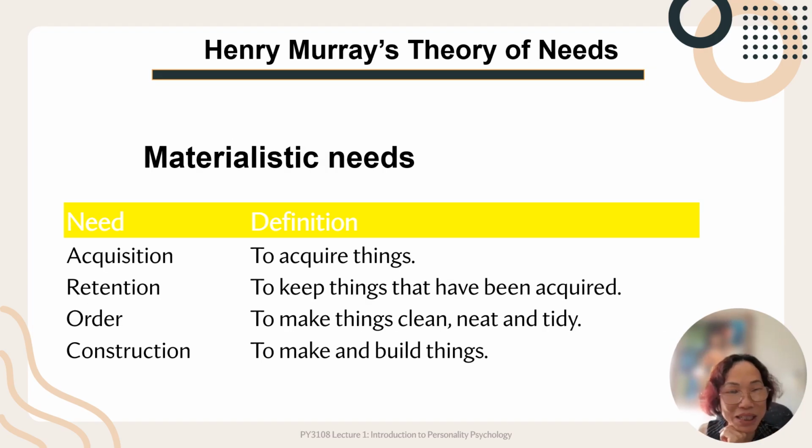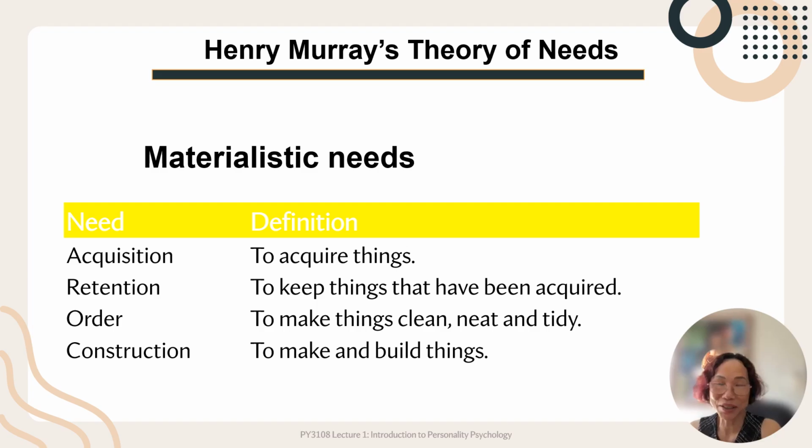Another is materialistic needs, for example, acquisition, to acquire things such as buying food, and retention, to keep the things that have been acquired, clean, neat, and tidy. For example, if we have a shelter, then we need to keep the home clean, neat, and tidy. And construction, to make or build things. For example, build a garden and grow plants.